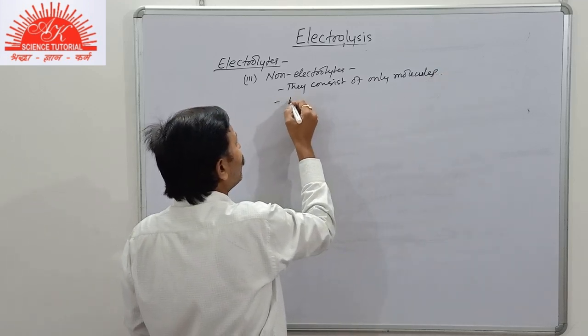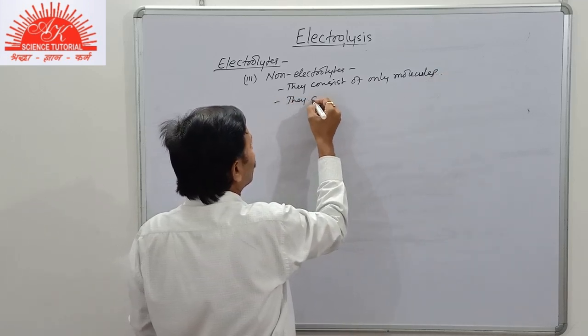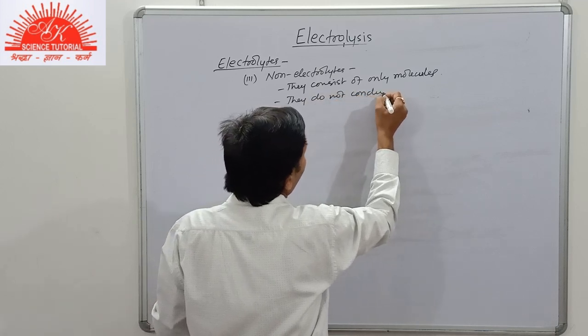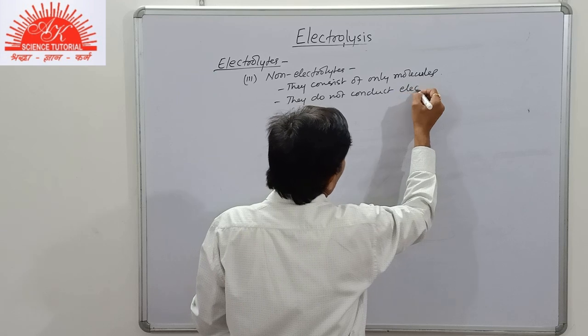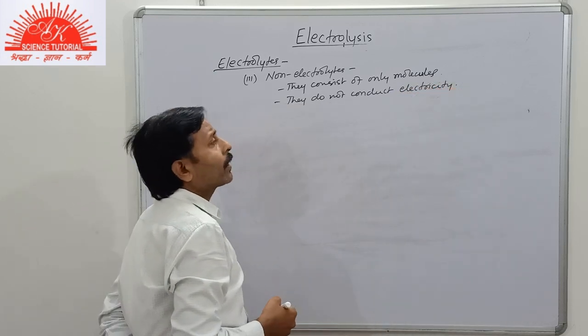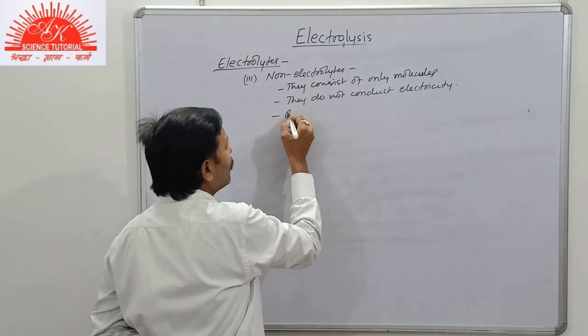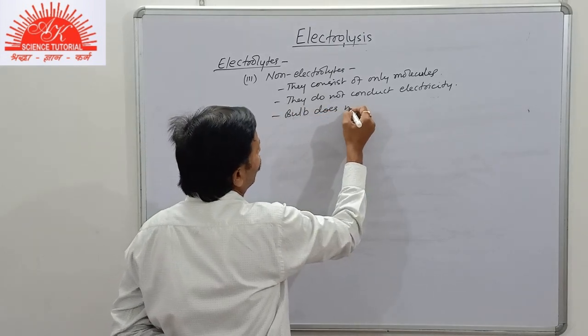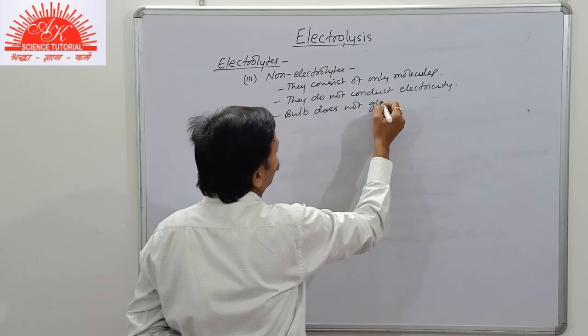So they do not allow current. They do not conduct electricity. They do not allow electric current to pass through it, and hence bulb does not glow.